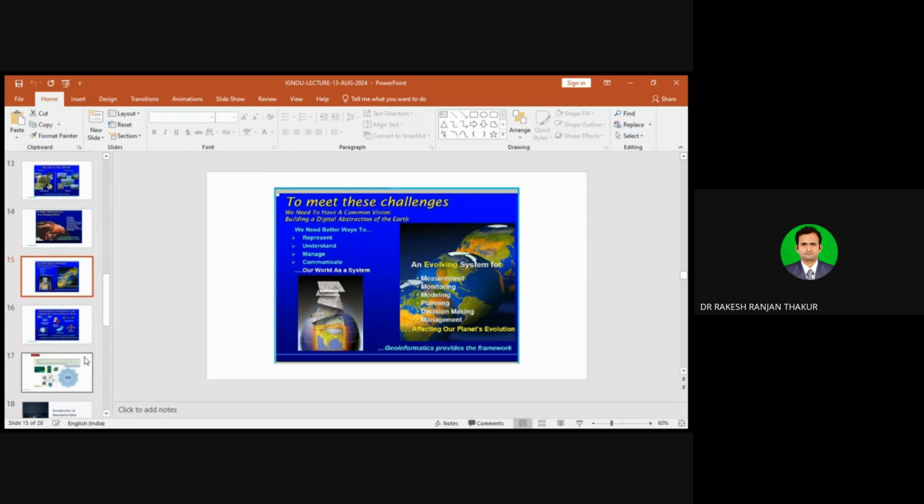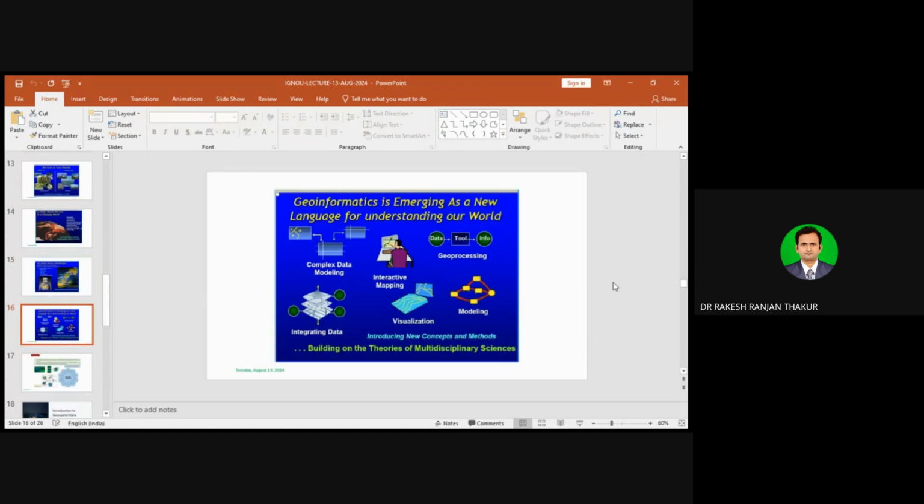Okay, then this slide actually tells a lot. Here geoinformatics is emerging as a new language to understand our world. ये जो स्लाइड है ना, आप अगर इसको देखोगे, there is complex data modeling.